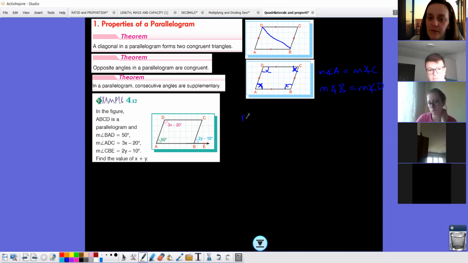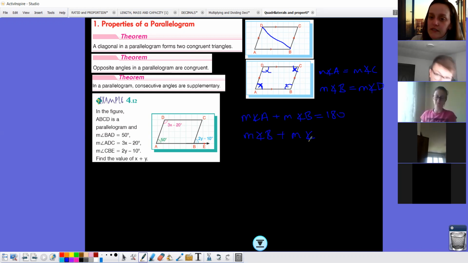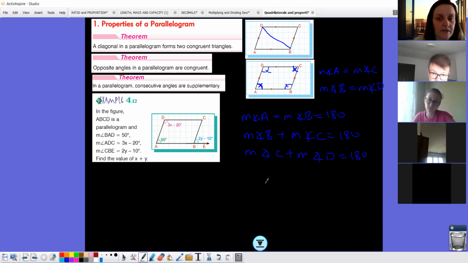So we can say that the measure of angle A plus the measure of angle B is equal to 180. Also, the measure of angle B plus the measure of angle C is 180. Then the measure of angle C plus the measure of angle D is 180.